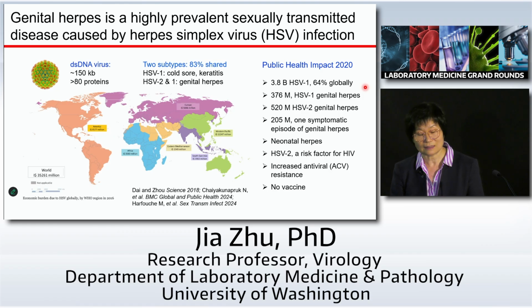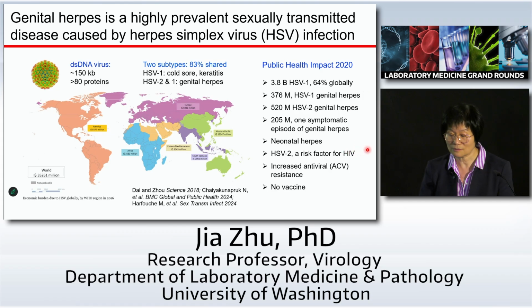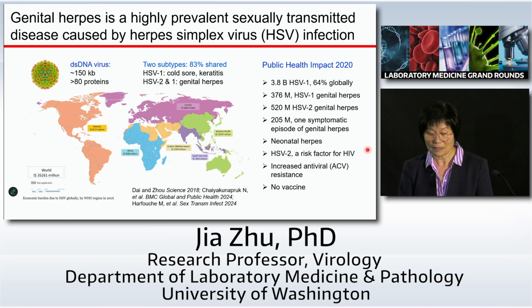This translates into 1 in every 5 people aged between 14 and 49 having genital herpes infection. Both types can cause neonatal herpes that has very severe neurological consequences. And HSV2 is a significant risk factor for HIV acquisition and transmission.